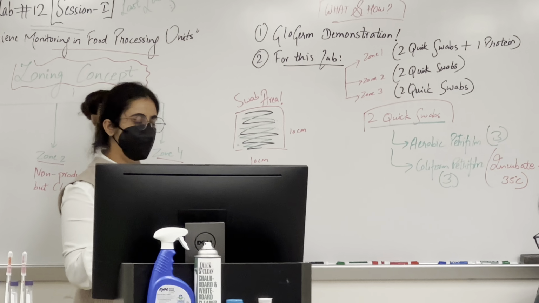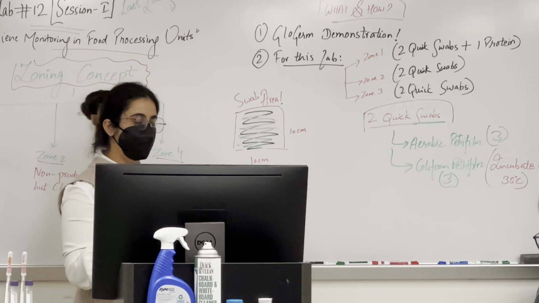Any questions for using the surface protein swab? So this is the bulb of the quick swab. First you have to snap it at a 45-degree angle until you hear that snapping sound. It's like this. Then you have to push the Letheen broth. What this does is wet the swab.